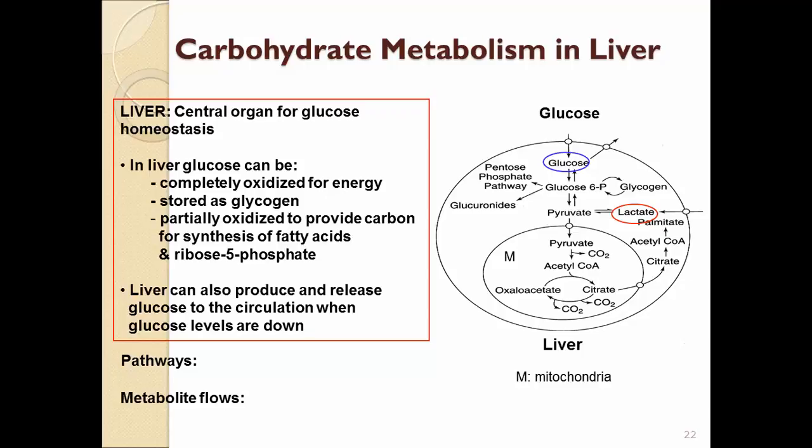And this is the mitochondria. It's a very important organelle, right? That's the oxidative metabolism. So glucose can be completely oxidized for energy production. Pyruvate, which is a product of glycolysis, can enter the mitochondria and be converted to acetyl-CoA and eventually enter the TCA cycle for complete oxidation, producing CO2 and water, right?